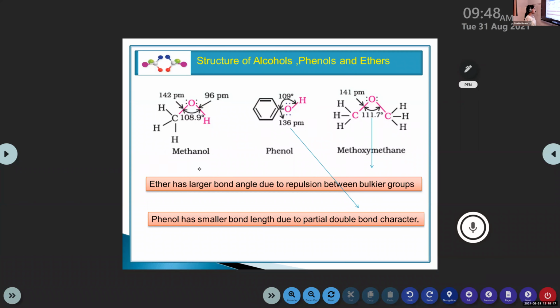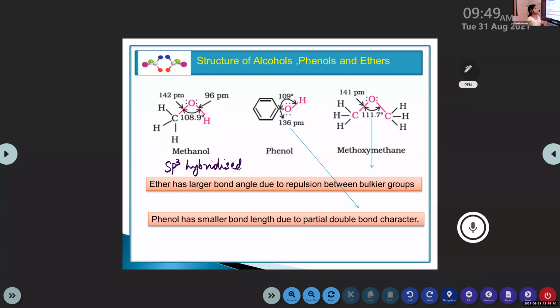Only single bonds are there, so sp3 hybridized atoms. You always remember, if a single bond is there, that will be considered as sp3 hybridized. If a double bond is present, it is considered as sp2 hybridized.